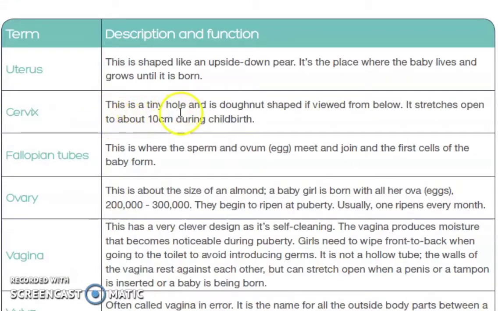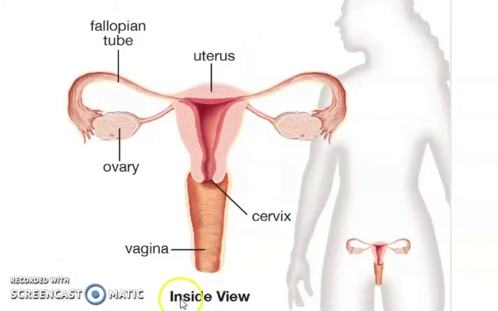This is a tiny hole and is donut-shaped if viewed from below. It stretches open to about 10 centimeters during childbirth. So, if you view it from the vagina daw, it is donut-shaped. So, the cervix is actually located below the uterus. It says that the cervix will stretch until 10 centimeters because it is very flexible.